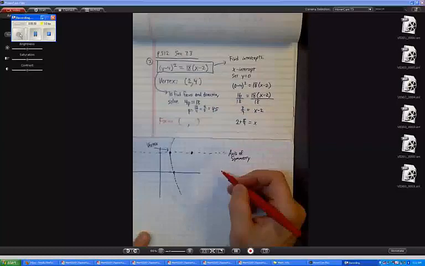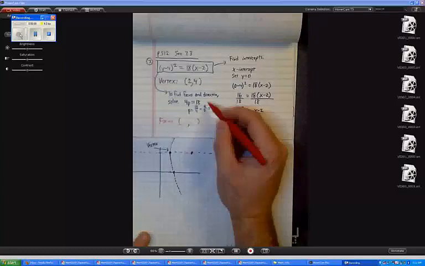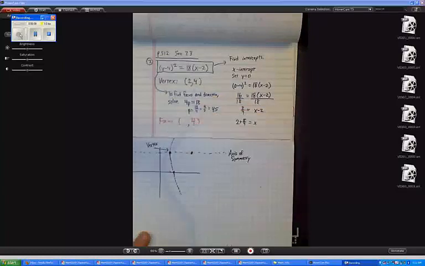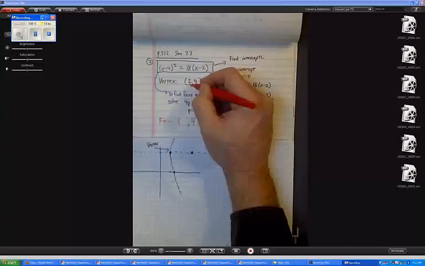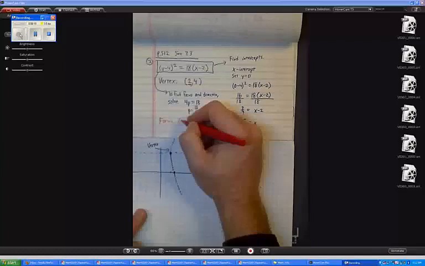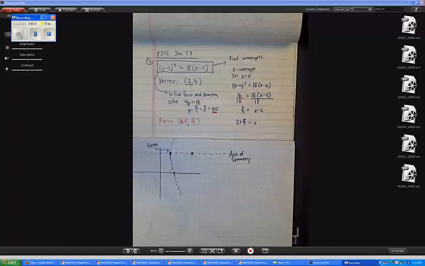Has to be the same as the vertex y-coordinate, so it has to be 4. Does that make sense to people? But now the x-coordinate, well, it used to be 2, but I'm adding another 4.5. You guys see that? So what's the x-coordinate going to be? 6.5, comma 4. Maybe the book would put 13 halves. I don't know. I didn't look at their answer. So far, so good? Okay.